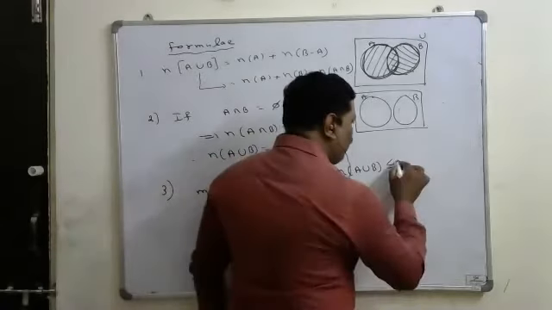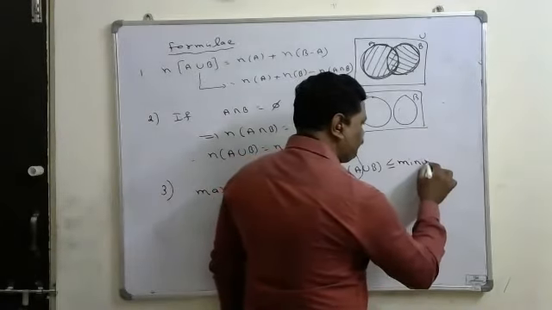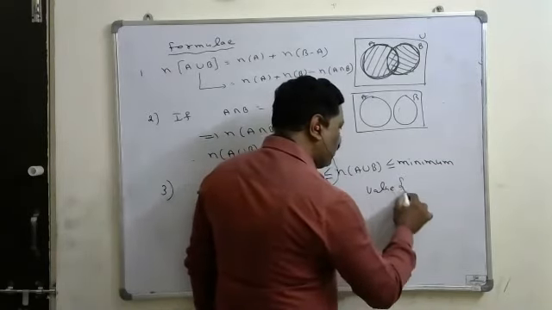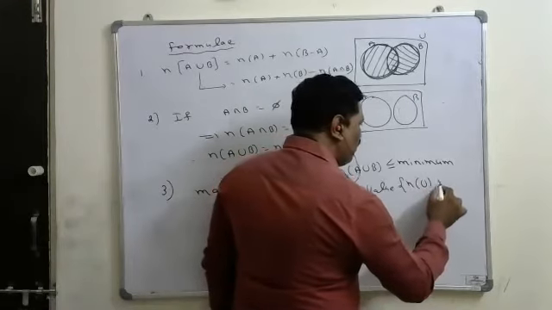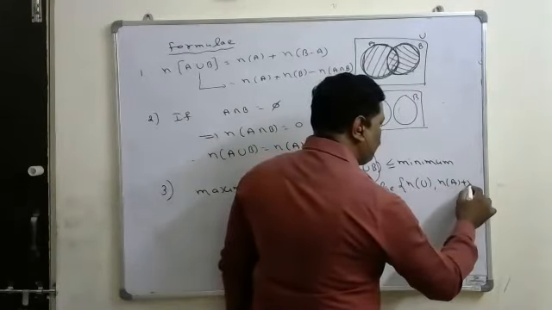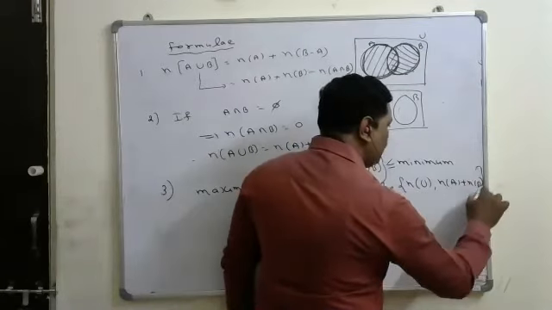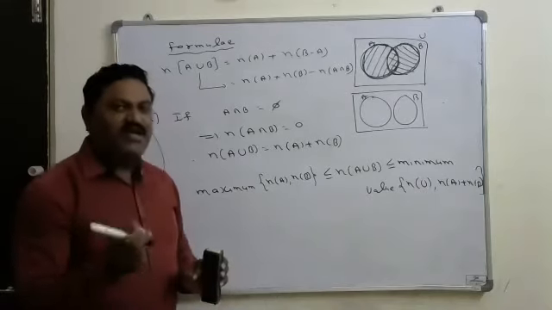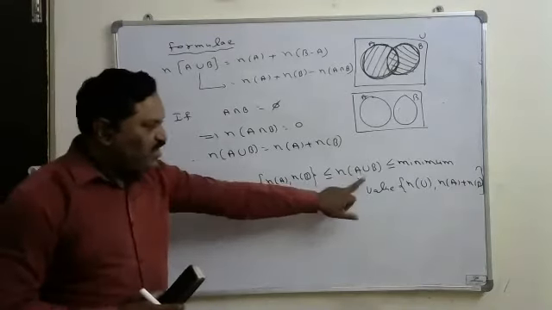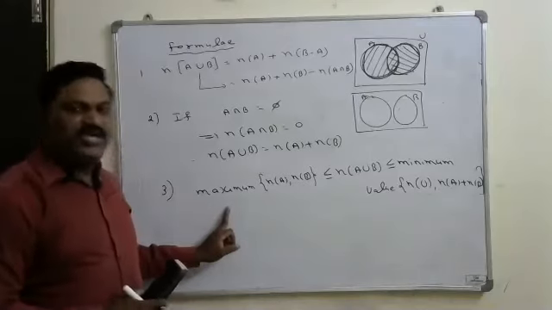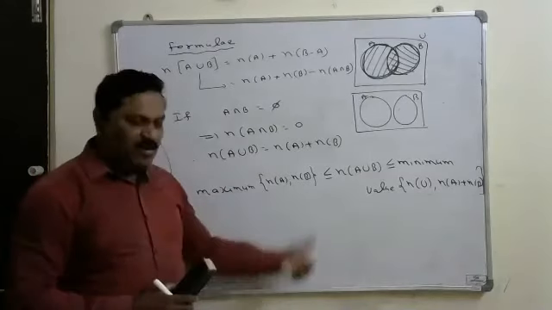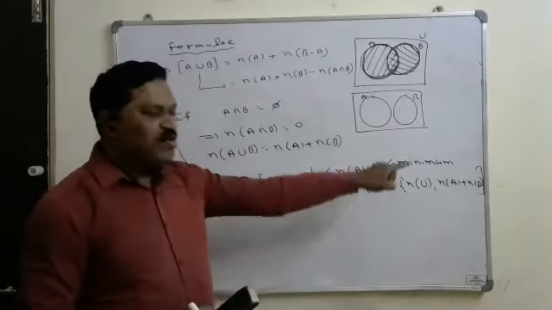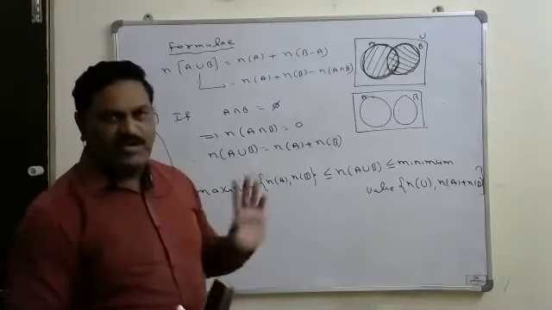That is the minimum of n of U comma n of A plus n of B. Okay, so this is called the range of n of A union B. Its minimum value is the maximum of n of A comma n of B, and its maximum value is the minimum of n of U comma n of A plus n of B. This is the point we have to remember.